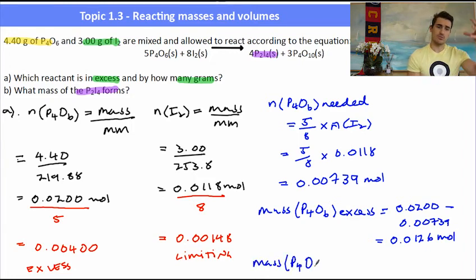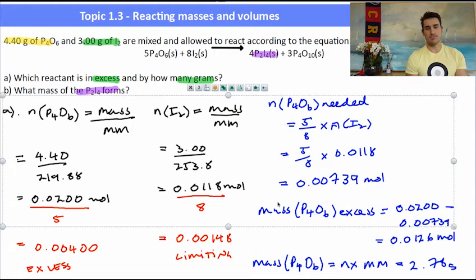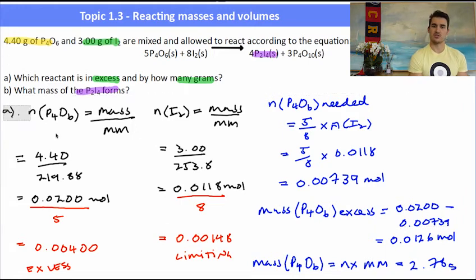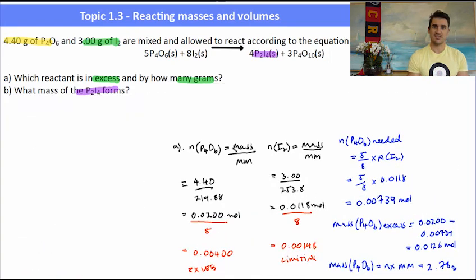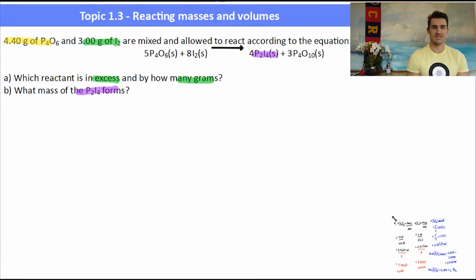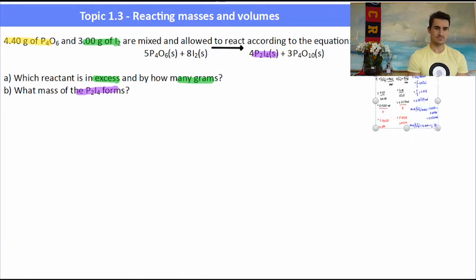Doing the takeaway from what we have, take away the excess. Once I've got the number of moles that I have in excess, then I can work out the mass I have left over. So that means I can just do mole times molar mass, which is 2.76 grams. That's how much excess I have, 2.76 grams.